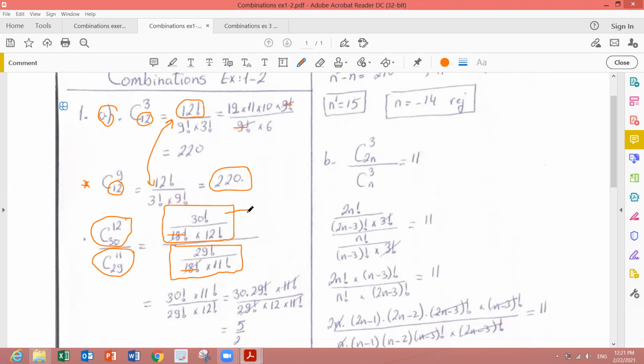Now far by far over near by near. Far by far, our outers over inners. 30 factorial times 11 factorial. The inners are 29 factorial times 12 factorial.